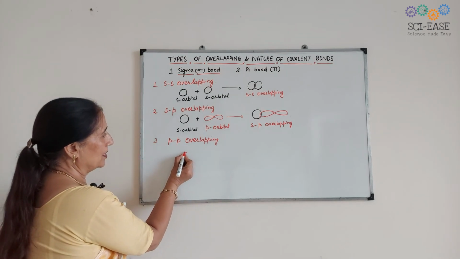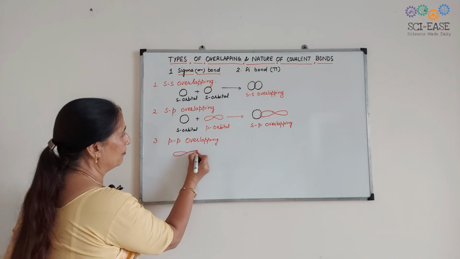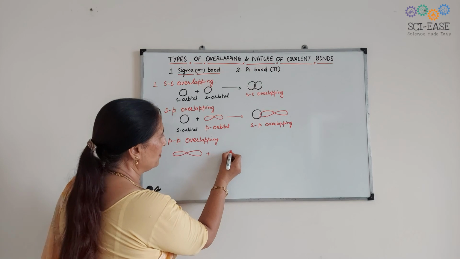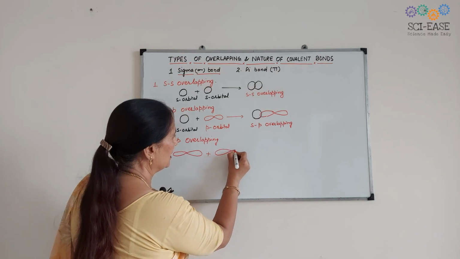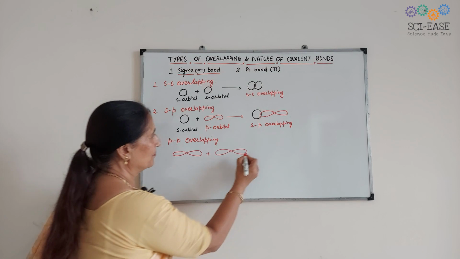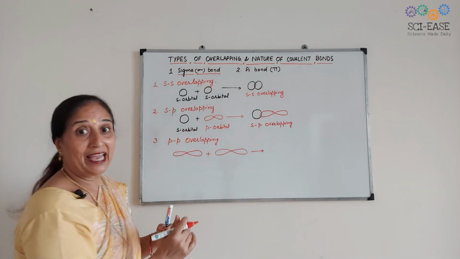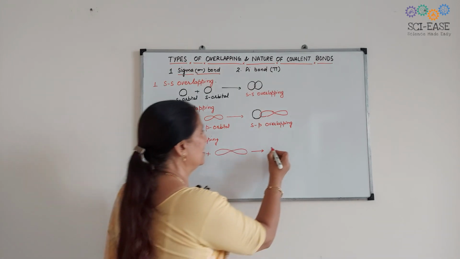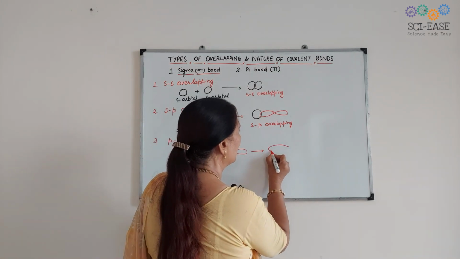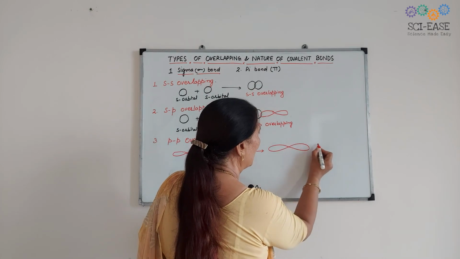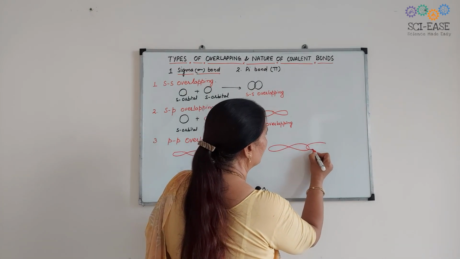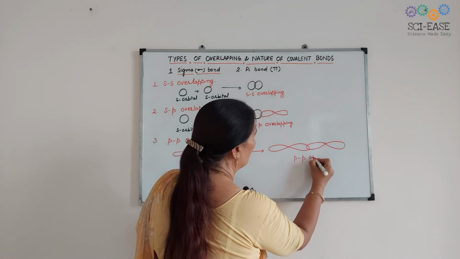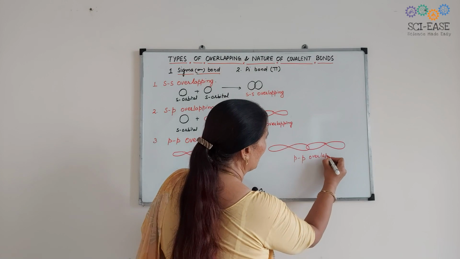So this is p orbital of one atom, and this is p orbital of the second atom, and this will result in the head-on overlapping of pp orbitals. So the result will be, this is one and this is another. There is pp overlapping. Clear to all of you?